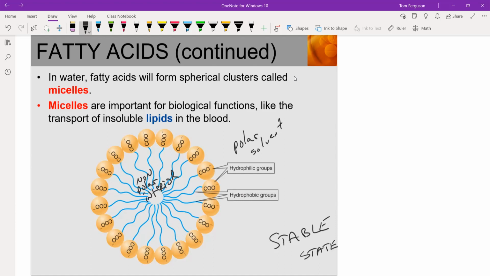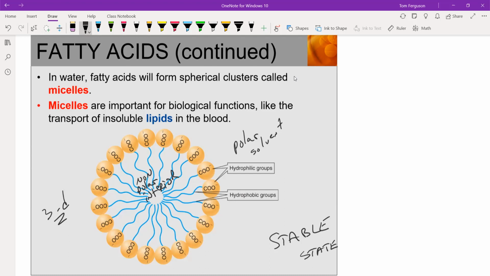A molecule with both polar and nonpolar parts does something similar. And don't forget, this is 3D. It puts the most friendly parts on the outside to protect the non-friendly parts.